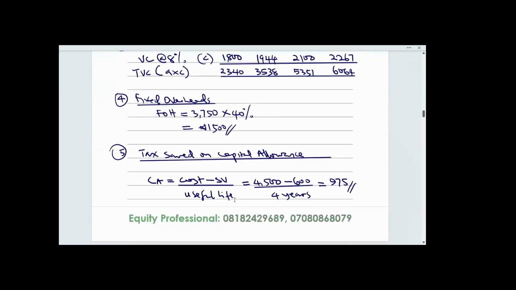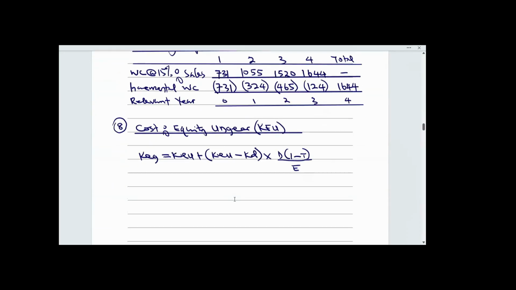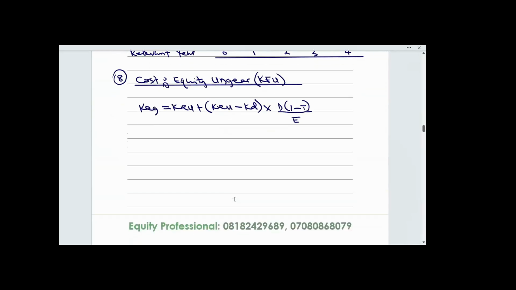So we need to go and calculate our cost of equity. Ufoma, what's your question? Sorry, also when we are calculating tax saved on capital allowance, are we not supposed to get the balance allowance at the end of the life of the asset, because we're given a disposal value?